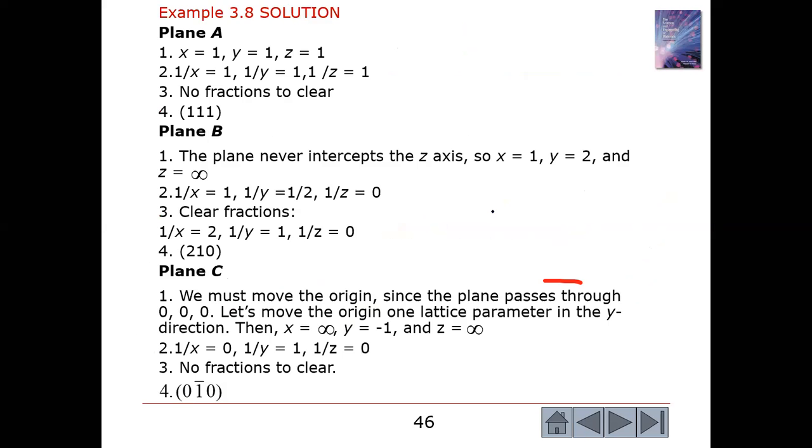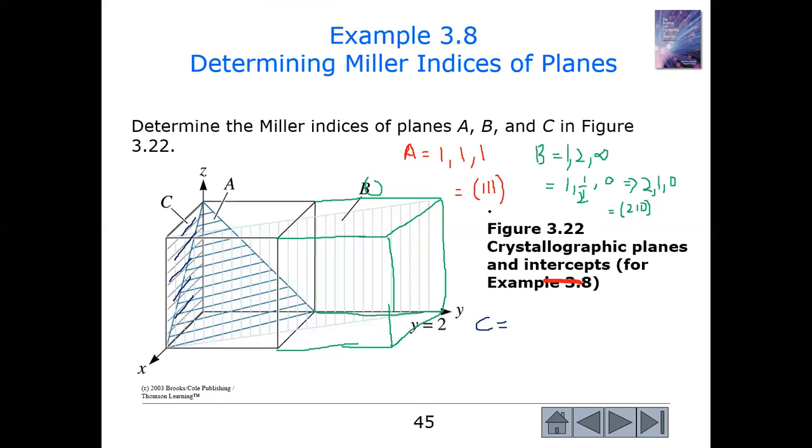So the first thing we do is identify our new origin. We cannot have our origin here because the plane is passing through here. So we can shift our origin from here to here. Clear? So now this is your X, this is your Y, and this is your Z.